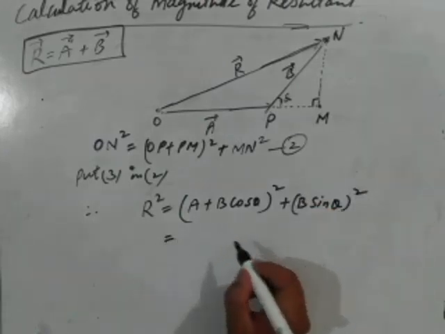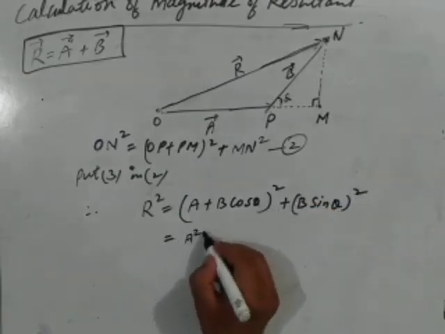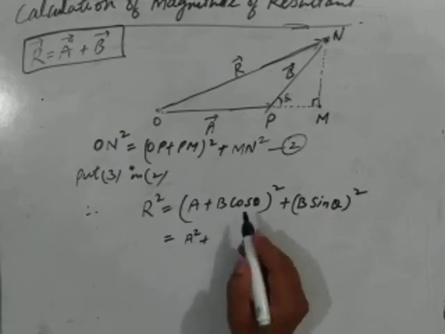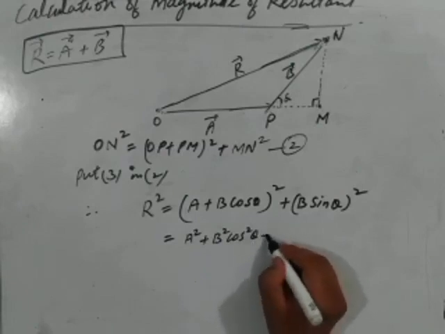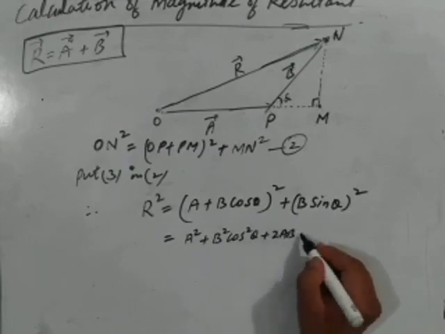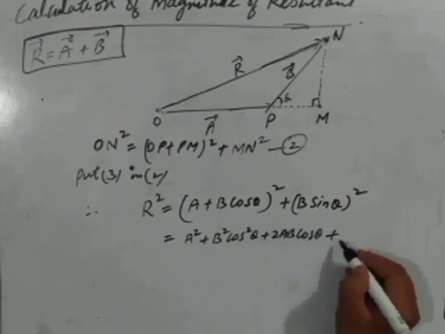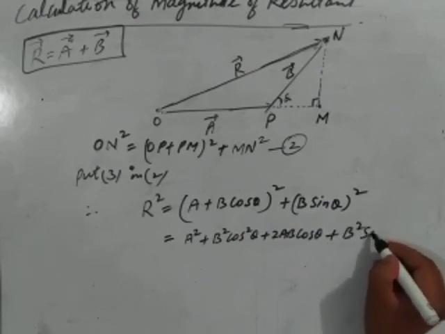So this becomes A square plus, we will open the bracket, B square cos square theta plus 2AB cos theta plus B square sin square theta.